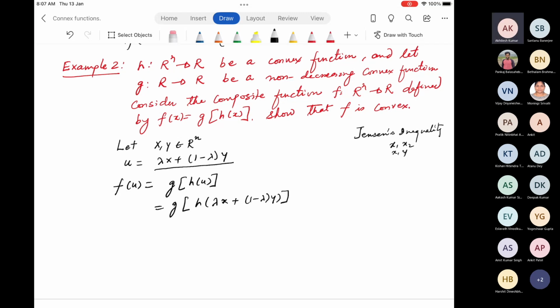Now somehow I need to show that the quantity I have written here is less than or equal to lambda f(x) plus 1 minus lambda f(y). If I am able to show this, I can say that this function is convex. So how do we go about it?